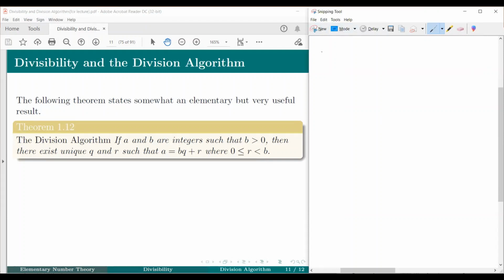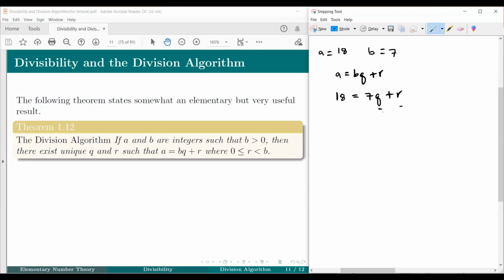So, we let A be equal to 18 and B be equal to 7. So, from our division algorithm, we have A equals BQ plus R. So we can have 18 equals 7Q plus R. So here, we are going to find Q and R. So unique na siya.